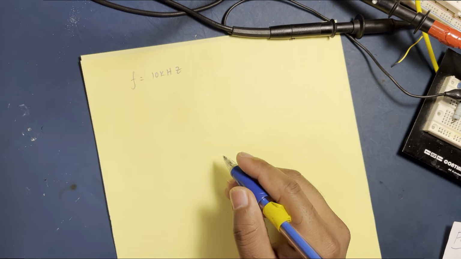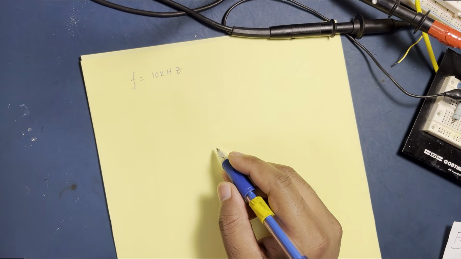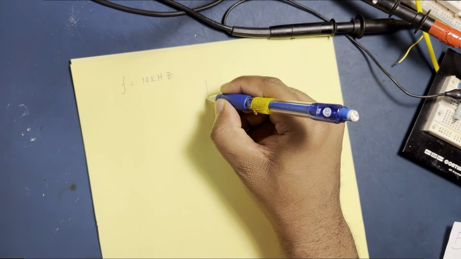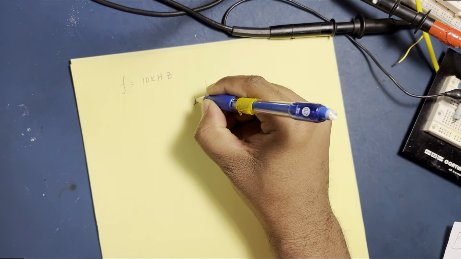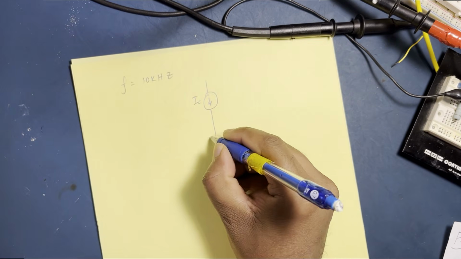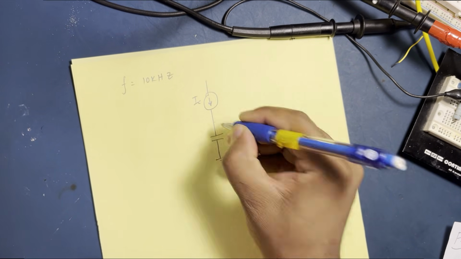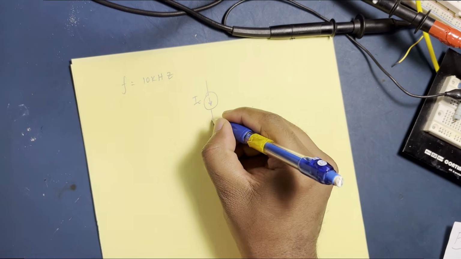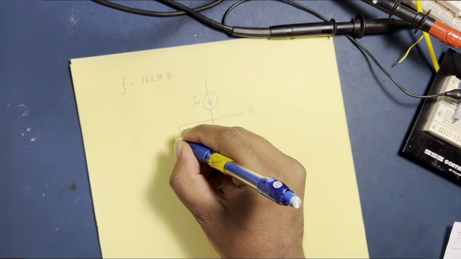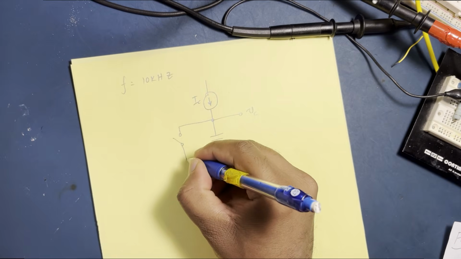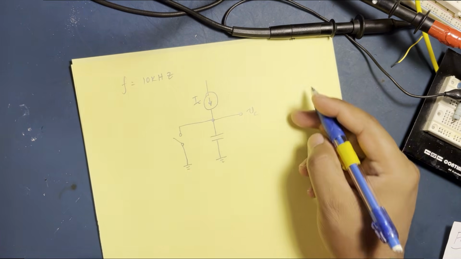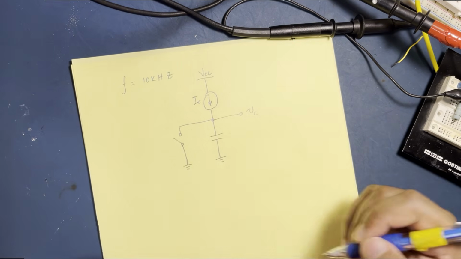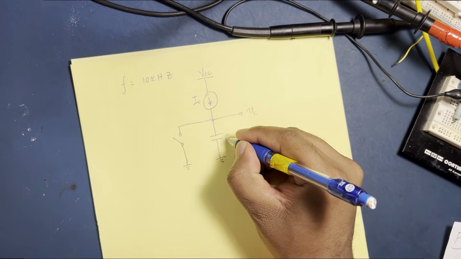And we talked in the previous video about how the current source IC feeds this capacitor here, and the output voltage is a linear ramp, and when it reaches a certain voltage, a switch resets it automatically. This is fed from VCC, so that the oscillations continue.